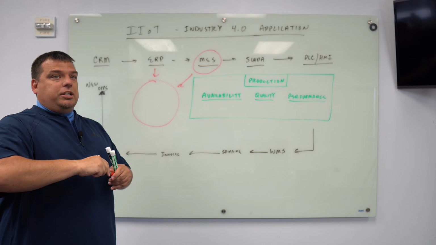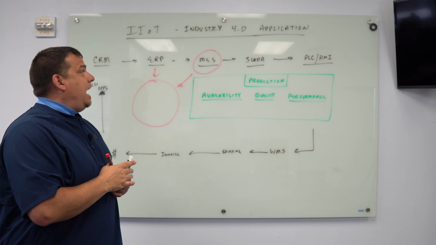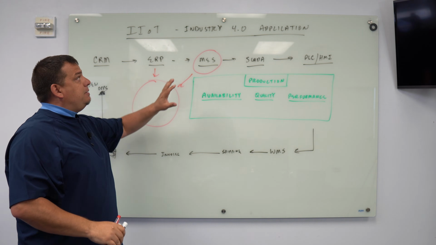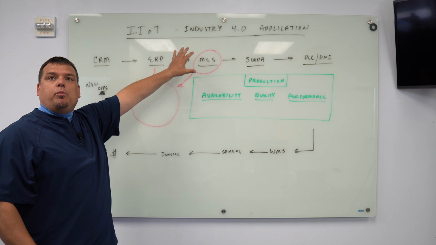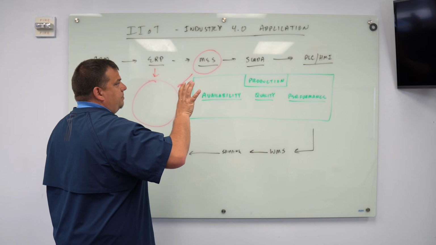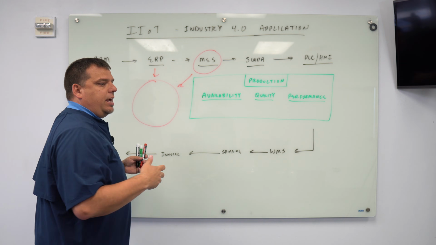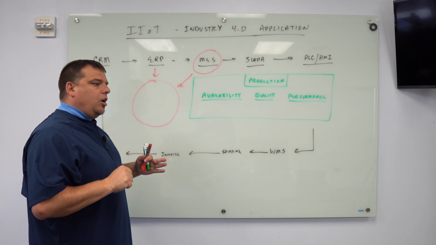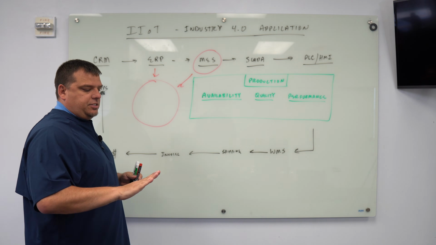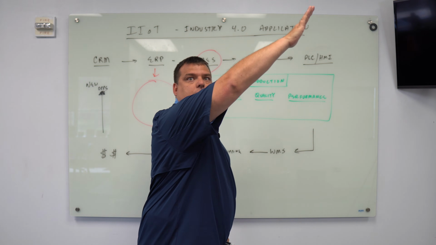All right, I want to talk about one other really important part of the business and why this concept of the unified namespace and leveraging Industry 4.0 methodologies matter. When a business grows, growth looks like this in manufacturing. You plateau and grow and plateau and grow.